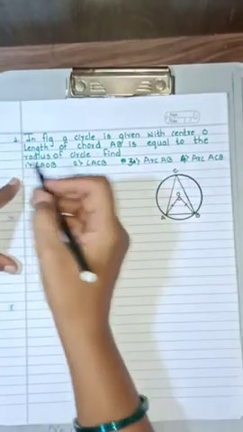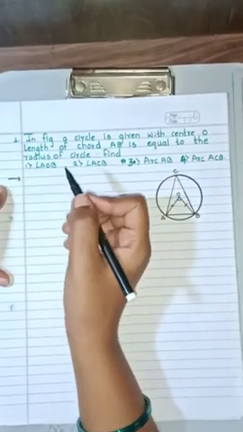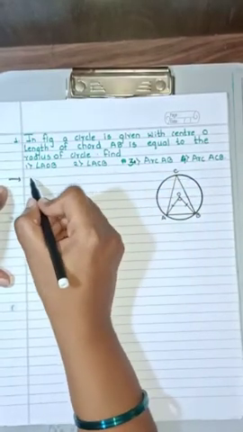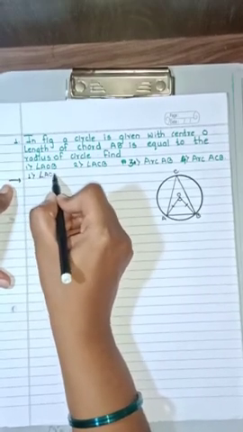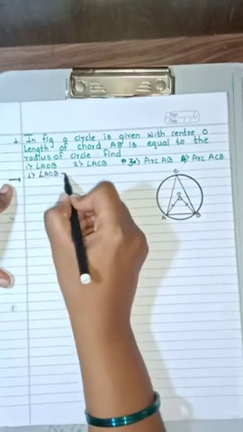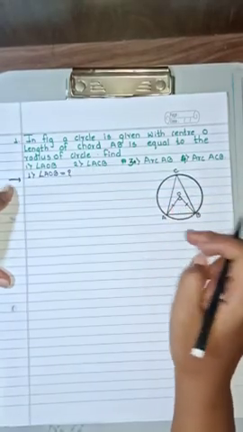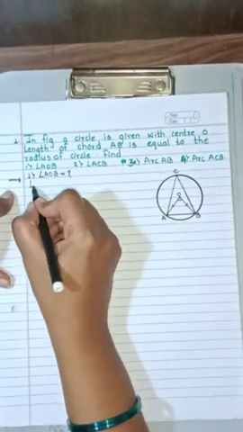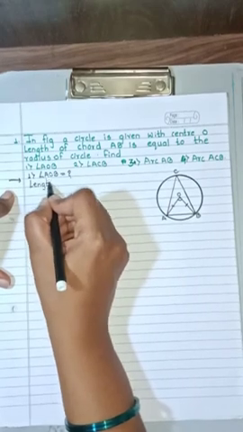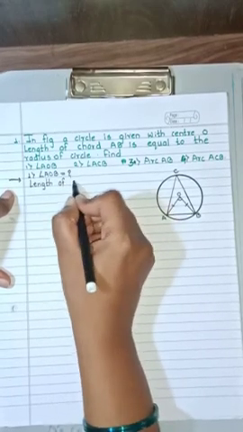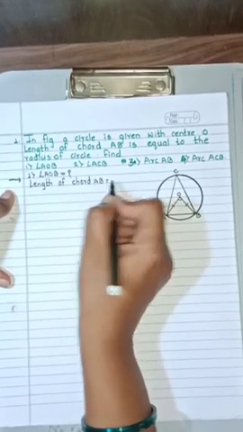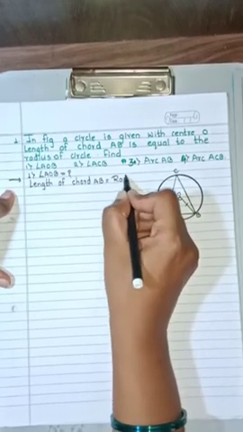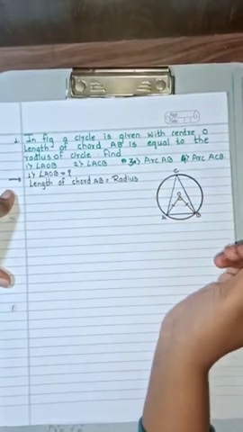First let us find the measurement of angle AOB. Now if you see, the length of chord AB is equal to the radius. This is given to you all.